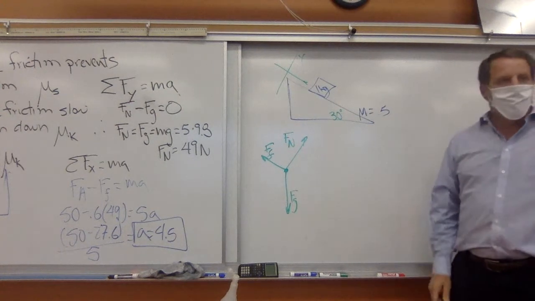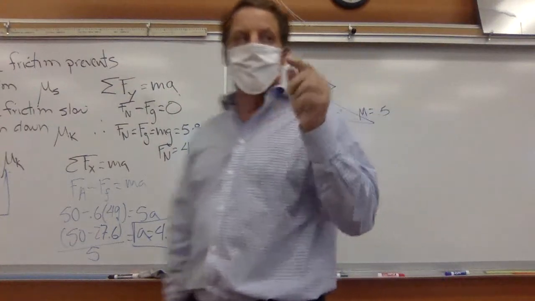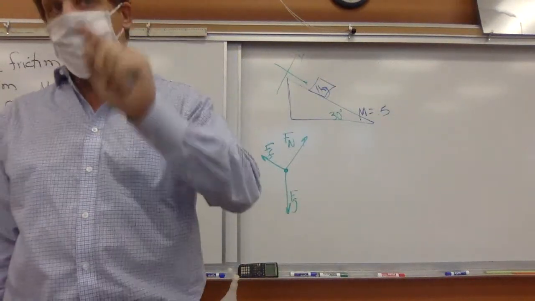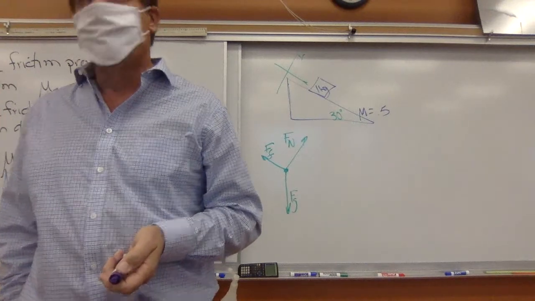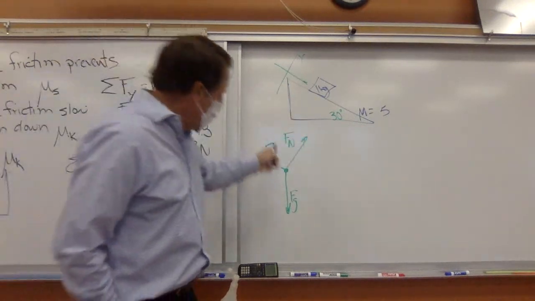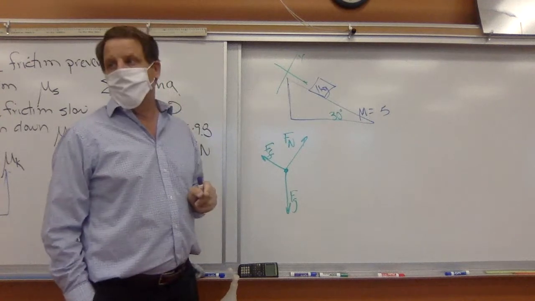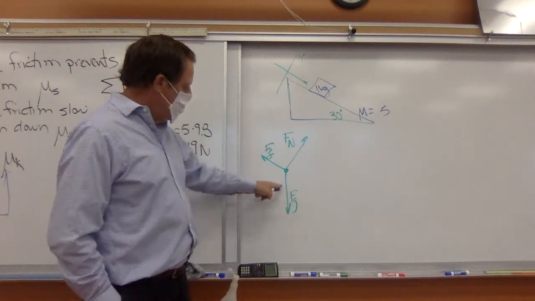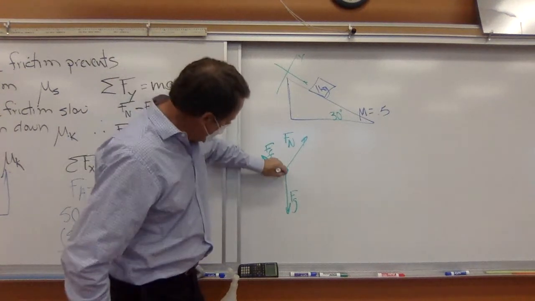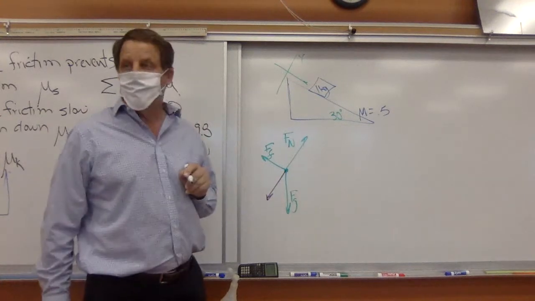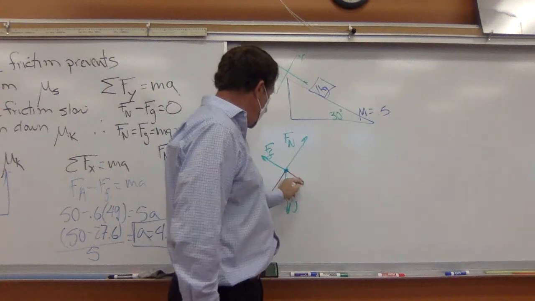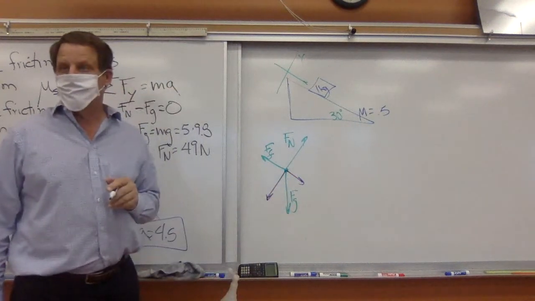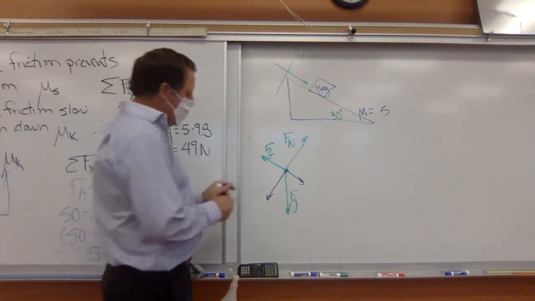But the key here is that we want to, and this is step number 4, resolve the vectors that are not going in the XY direction, okay? And that's going to be gravity. Gravity is not going in either the X or the Y. So we're going to take this and break it into this vector there and that vector there, okay?